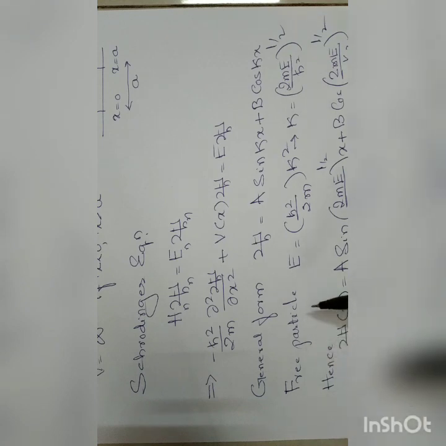For a free particle, we know that the kinetic energy can be written as E equal to h cross square divided by 2m into k square. Now you can write this equation in terms of k equal to 2mE divided by h cross square to the power 1 upon 2.